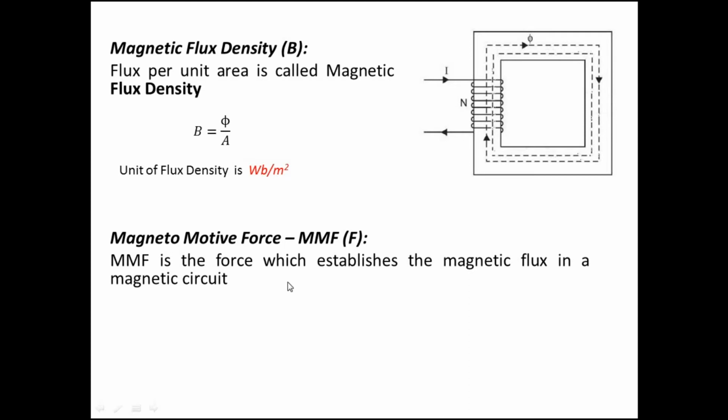So here the MMF is defined as the product of N into I. Since this is the cause, number of turns into I is the MMF, which is denoted by the letter F, and its unit is ampere turns. Ampere is the unit of current and turns is the number of turns. So ampere turns, AT, is the unit of MMF.